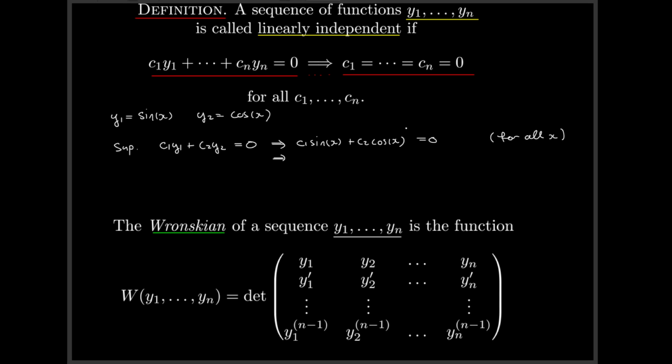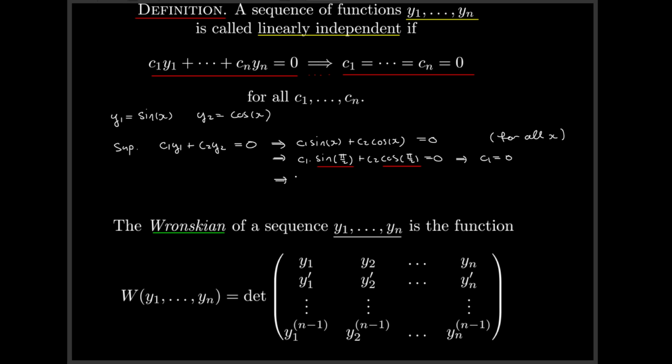So for any x, if I plug it into this equation, the resulting equation should hold. In particular, if I substitute x equal to pi over 2, here I'm going to get this. And this equation, since it must hold, immediately gives me that c1 is equal to 0, because the sine here is 1 and the cos here is going to be 0.